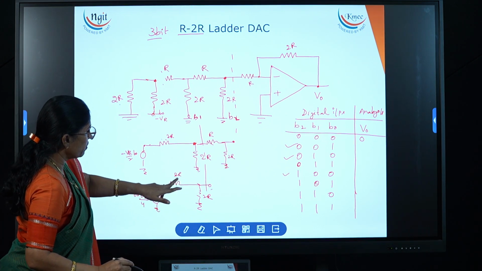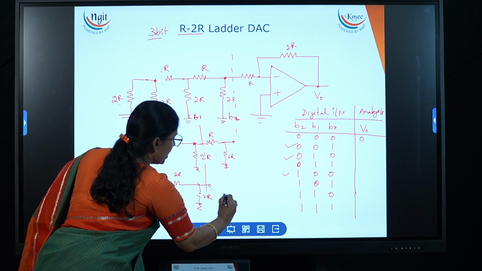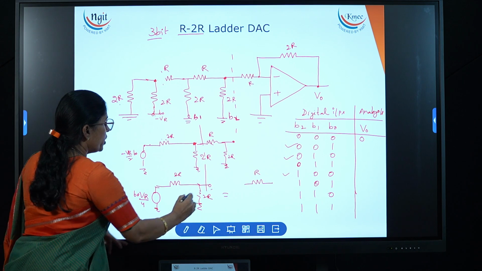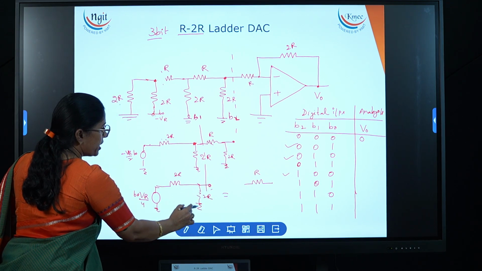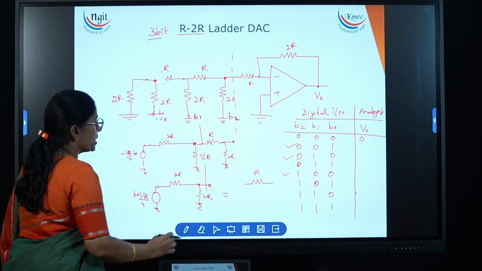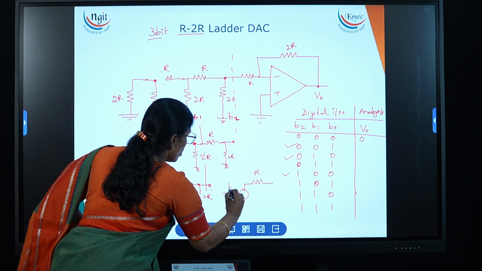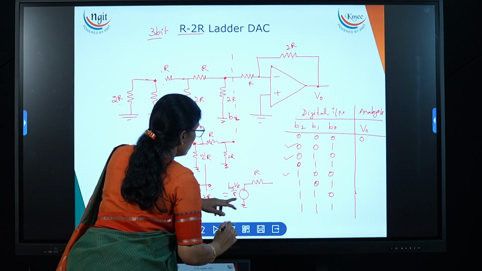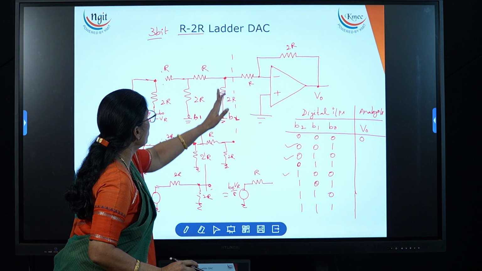Ground the supply, then this 2R and this 2R come in parallel, so I will get one resistor, that is R. And what is the voltage at this point? Again apply the voltage divider. Then we get half of this voltage, that is nothing but B naught VR divided by 8. So this is the final circuit diagram at this point.